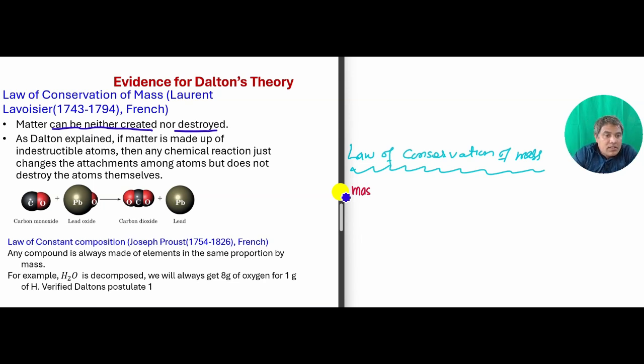As Dalton explained, if matter is made up of indestructible atoms, then any chemical reaction just changes the attachment among the atoms but does not destroy the atoms, right? The law of conservation of mass also proves Dalton's theory, because if matter is made up of indestructible substances, then a chemical reaction means just the attachments are different, but the atoms are never destroyed.